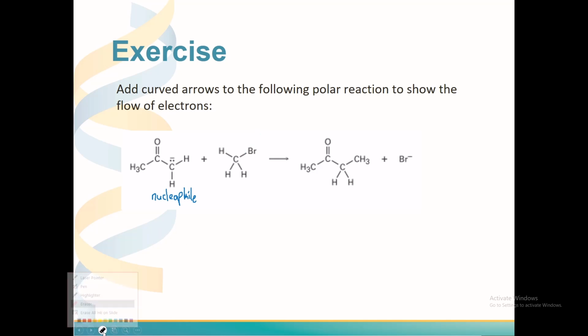Now in this case, the product is already provided to you. Now there is an extra methyl attached to this carbon, which means it's probably this carbon.